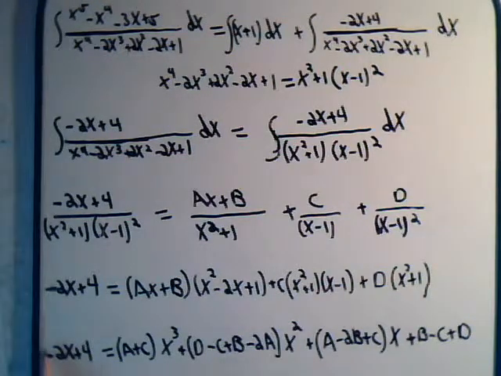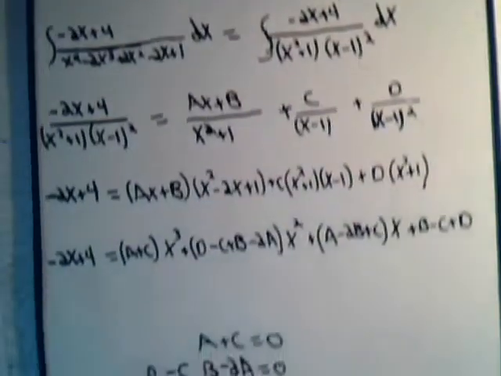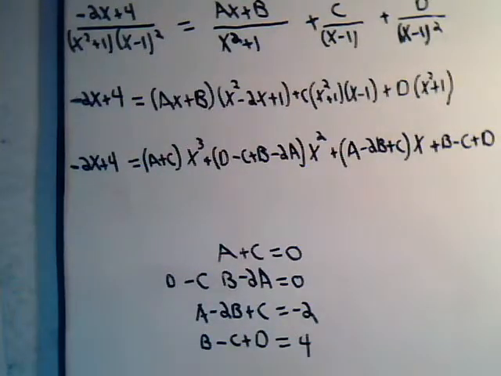There's no x cubed on this side, so a plus c has to be 0. There's no x squared on this side, so this is going to be 0. This is times x, so this has to be minus 2. And here's a constant, and so b minus c plus d has to be 4. So we wrote all those down here. We have 4 unknowns, a, b, c, d, and we have 4 equations.